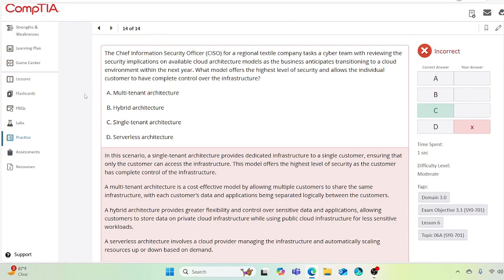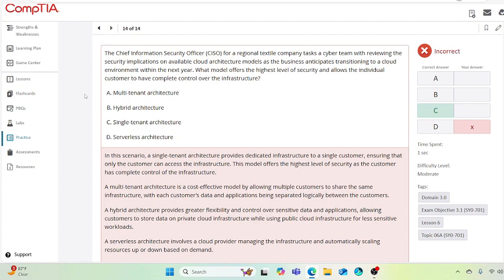The Chief Information Security Officer, CISO, for a regional textile company tasks a cyber team with reviewing the security implications on available cloud architecture models as the business anticipates transitioning to a cloud environment within the next year.